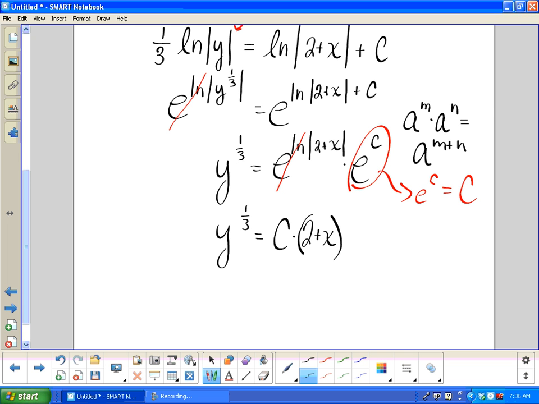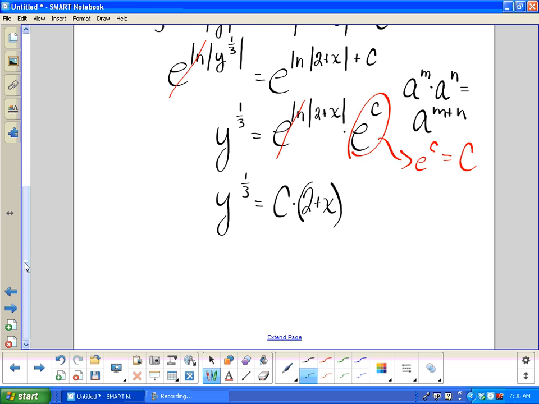So now we need to get rid of the 1/3 power, so we can cube both sides. And now we'll get rid of that 1/3 power. So we end up with y is equal to c times 2 plus x cubed. And you know, c cubed is still just, we're going to rewrite it as c, so it really doesn't matter.